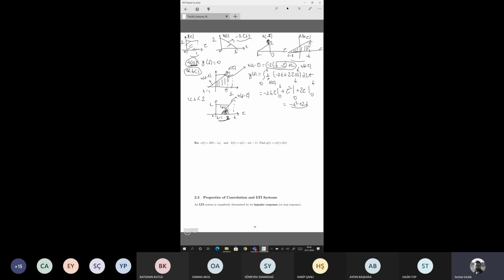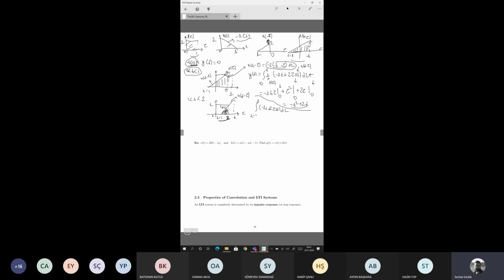So what's the integral in this case? The integral will start from t minus 1 up to 1. This is the limit of integration. The term is the same: x of tau is 1 again, and h of t minus tau is minus 2t plus 2 tau plus 2 d tau.